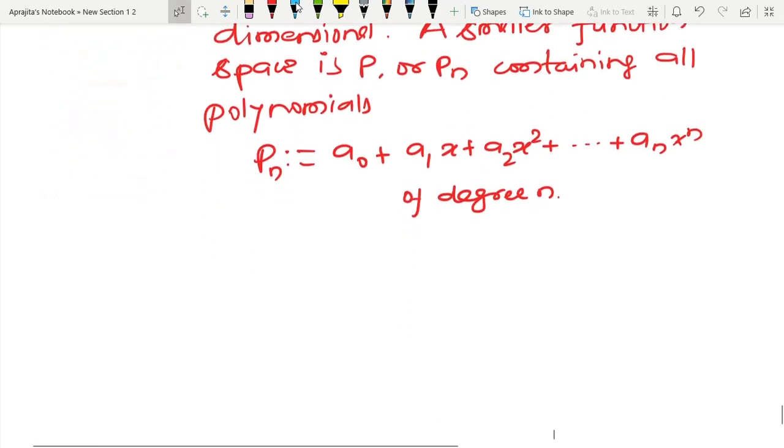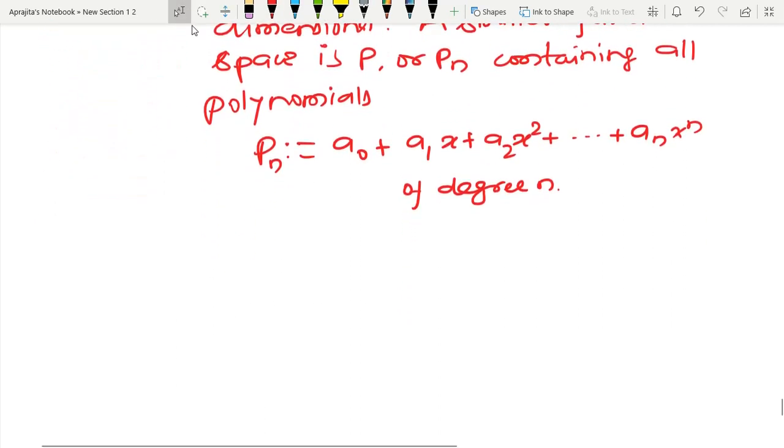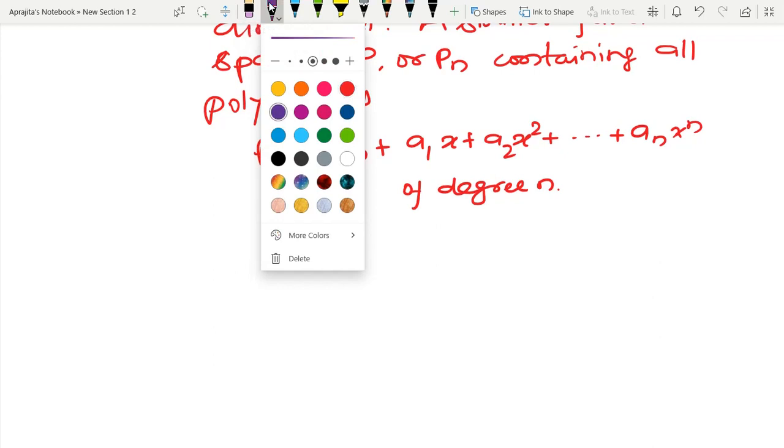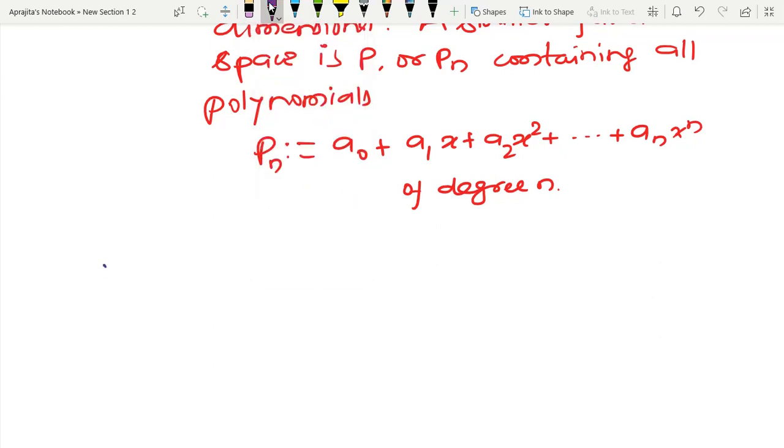One more remark I am going to write here, and that remark is basically based on the smallest possible vector space.